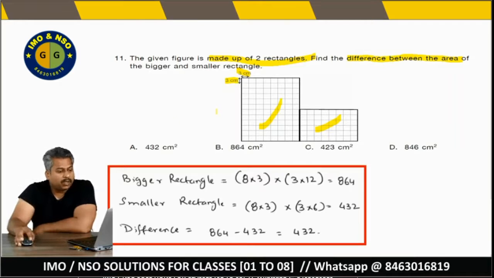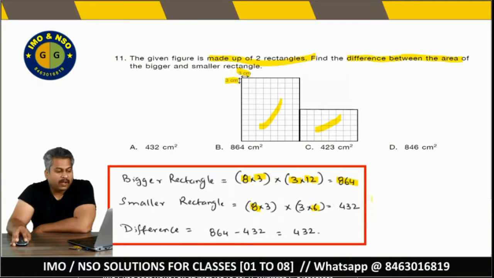The bigger rectangle, if we see, has a total of 8 columns and 12 rows. So this 8 into 12 when multiplied with the value of the block, 3 by 3, we get 864. Similarly, for the smaller rectangle, we have 8 columns, but the number of rows is only 6.